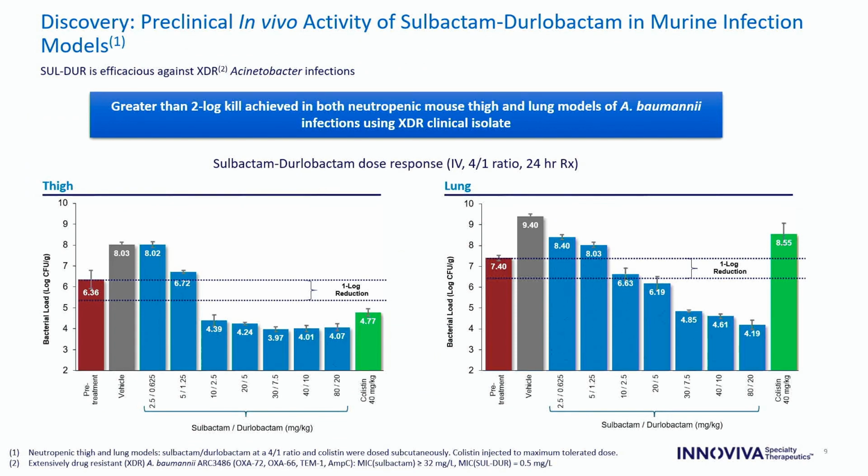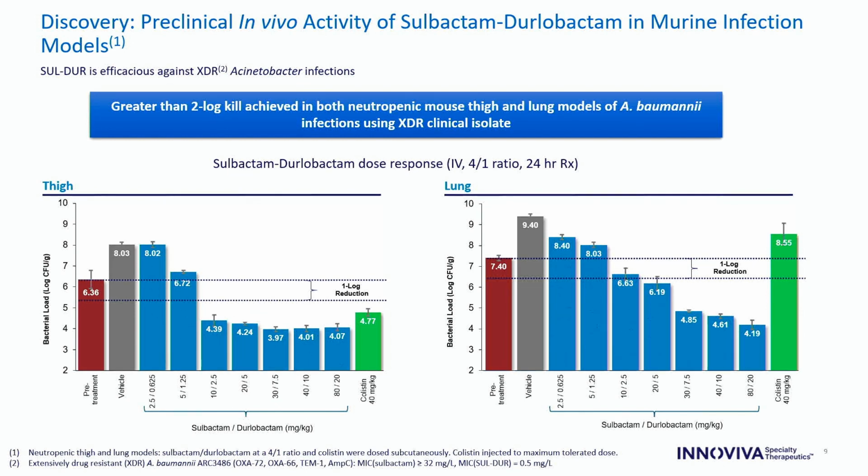Continuing on in discovery, just some preclinical work to really show the potential efficacy of a sulbactam-durlobactam combination. You can see here we were evaluating the combination of sulbactam-durlobactam against extensively drug-resistant strains of Acinetobacter infections in both a lung and a thigh model. Talking first about the thigh model, you can see the combinations of sulbactam-durlobactam, and in the green is colistin, which was also evaluated in the study as a control.